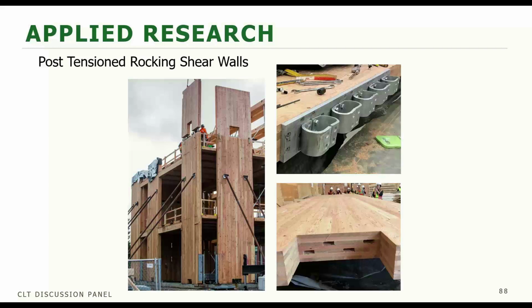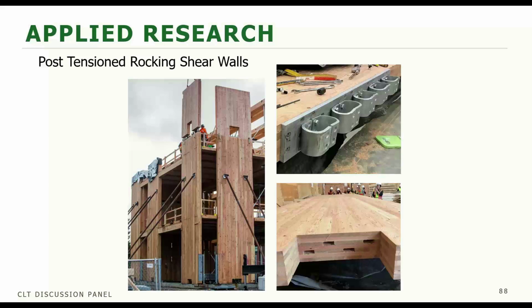So this is a system that was developed in New Zealand after the Christchurch earthquake, where something like 1,200 buildings in the center of the city were condemned. There was relatively little loss of life during that earthquake, but the city almost went bankrupt from all of the building damage.